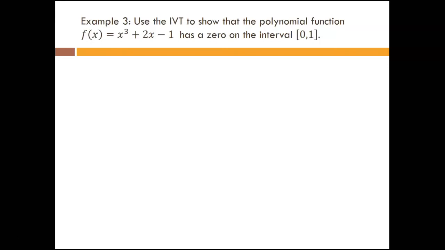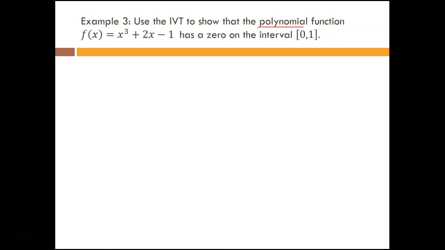So in order to apply the intermediate value theorem, we need to show a few things. We need to show that it is a continuous function. So we're given that it's a polynomial, and by definition, all polynomial functions are continuous.